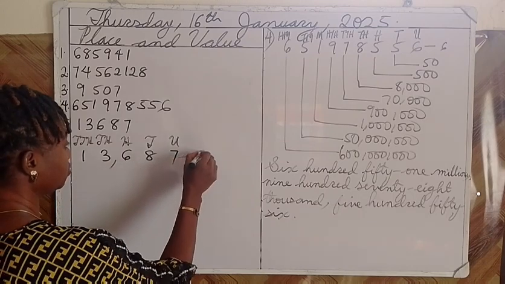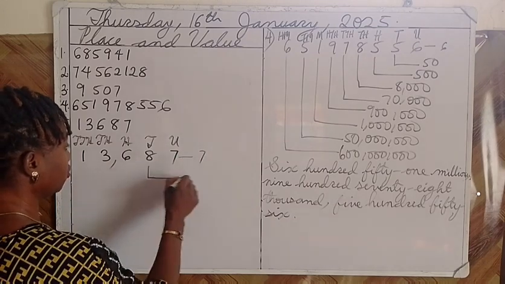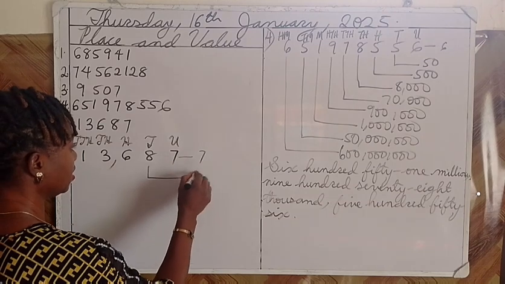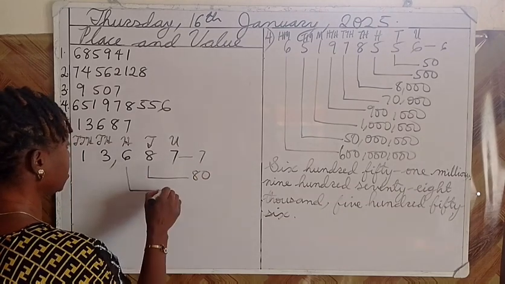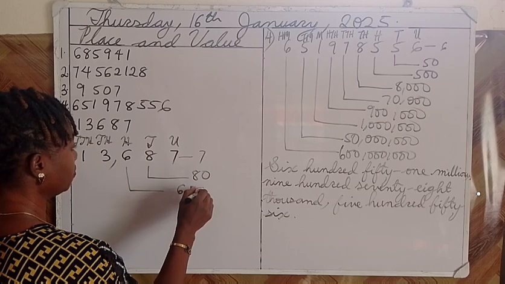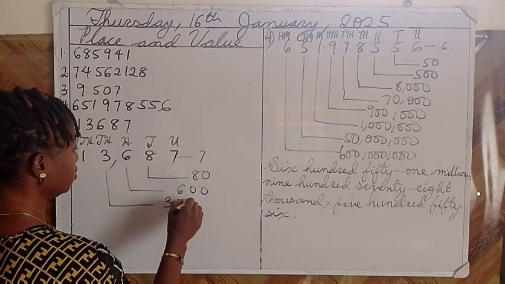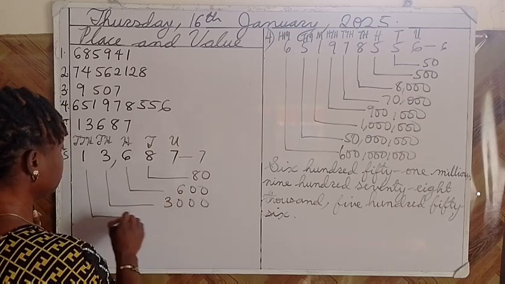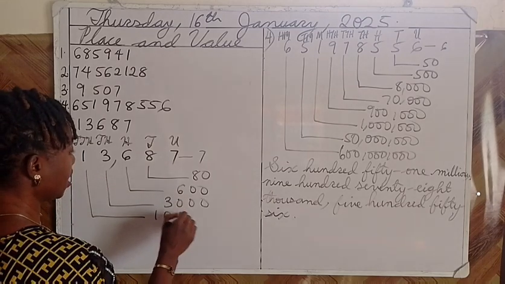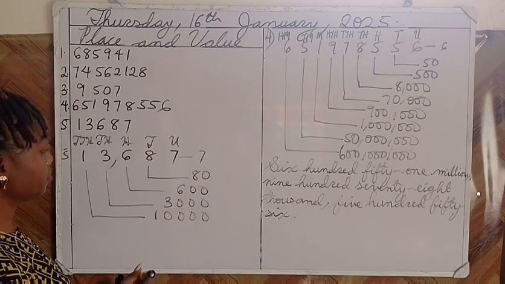So we're going to write the value for each of these numbers. The value of 7 is 7. The value of 8 is 80. The value of 6 is 600. The value of 3 is 3000. And the value of 1 is 10,000. Good.